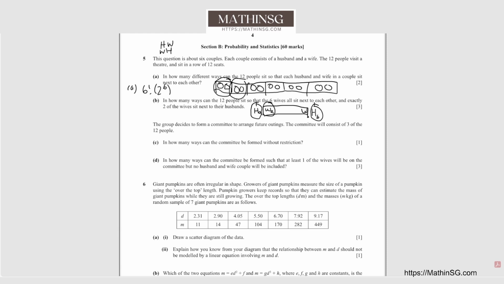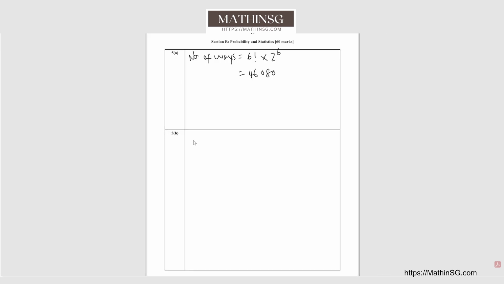So to find the number of ways, the first thing we'll do is take 6 factorial, because there are these 6 wives here and they're all sitting together and they can swap their positions. Once I have these 6 wives seated, I have these 2 husbands.